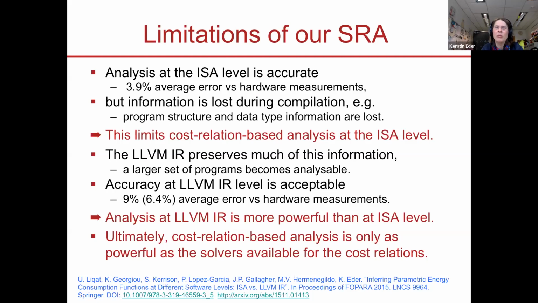Because the LLVM IR preserves much of this information, a much larger set of programs becomes analyzable, and the accuracy at the LLVM IR level is still acceptable with a very low average error versus hardware measurements. So the analysis at the LLVM IR level is more powerful than that at the ISA level with acceptable levels of accuracy. Now, ultimately, cost relation-based analysis is only as powerful as the solvers available for the cost relations. And that's the ultimate limiting factor that we found.